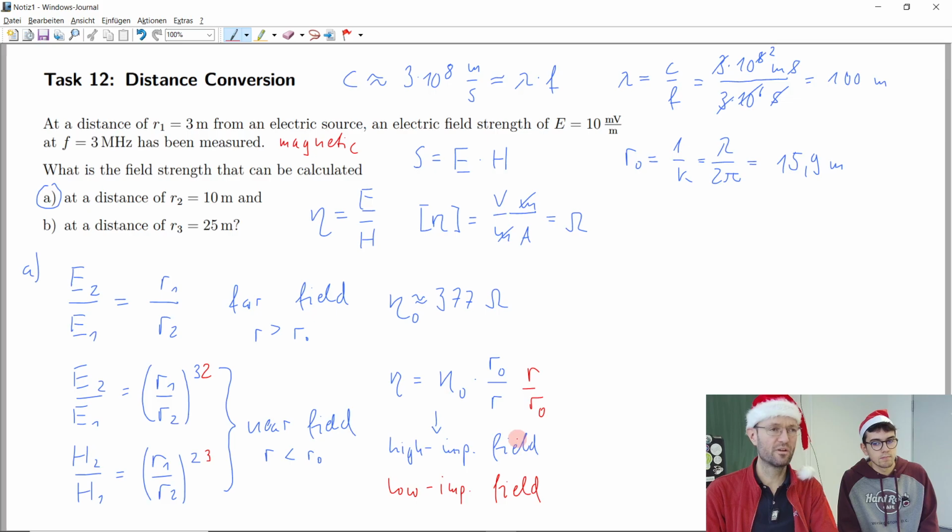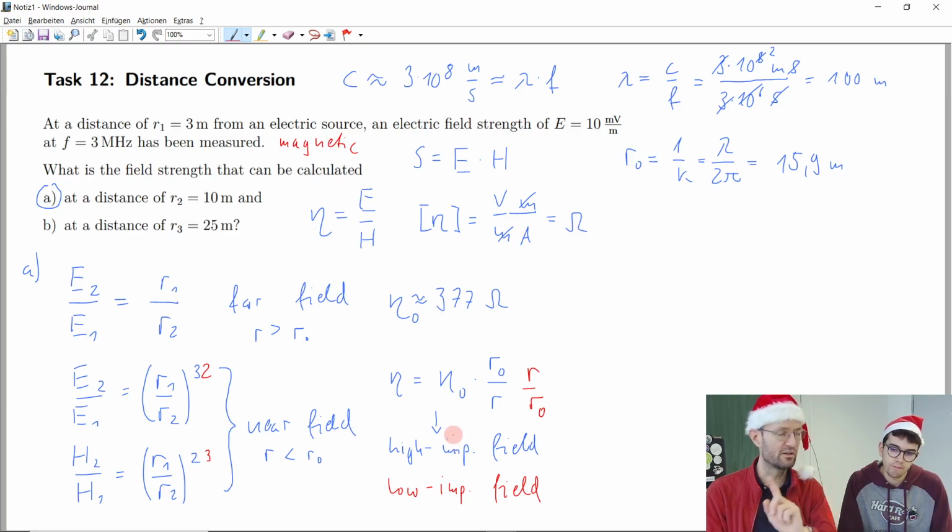And this is later on very important for shielding, for example, because a high impedance field is easy to shield, since you get a large reflection coefficient between, let's say, air and metal. If you have a metal wall, the wave impedance in metal is very small. So if you come from a far field or from a high impedance field, you will get a large reflection. Most of the wave will be reflected back, no problem.